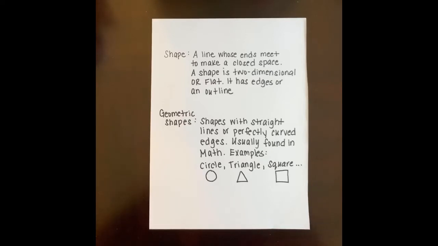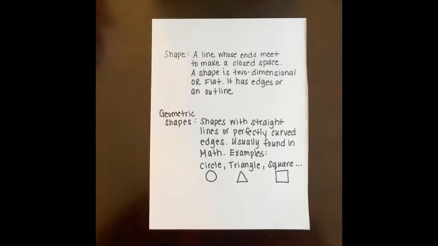Then let's talk about geometric shapes. Geometric shapes are shapes with straight lines or perfectly curved edges. They're usually found in math, and some examples are circle, triangle, square, rectangle, rhombus, quadrilateral, any of those ones that have names that you can think of, and a lot of times you find them in math class.